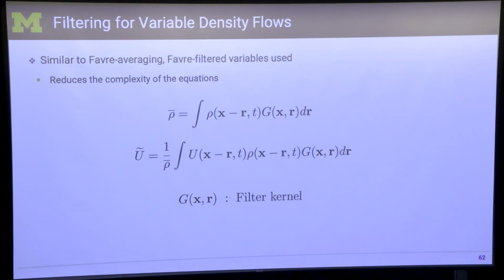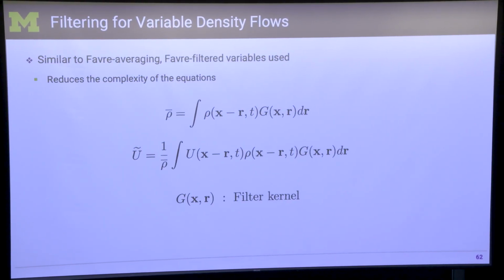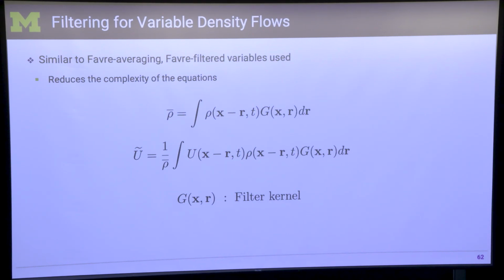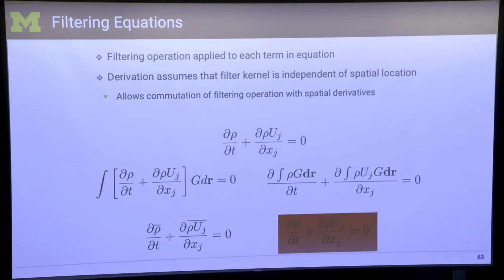Rho alone does not have a tilde on top, it's always with a bar. U, again, is now density weighted filtering, so it has a U tilde on top. Okay? So when we write equations for compressible or variable density flows, you'll always see this U tilde appearing in the equations.